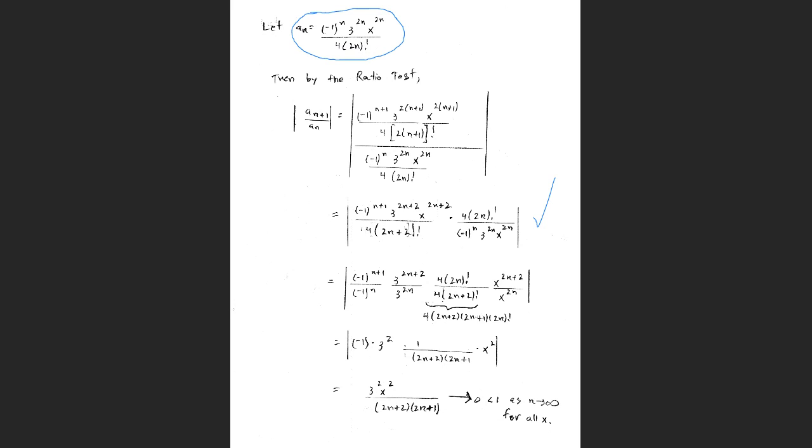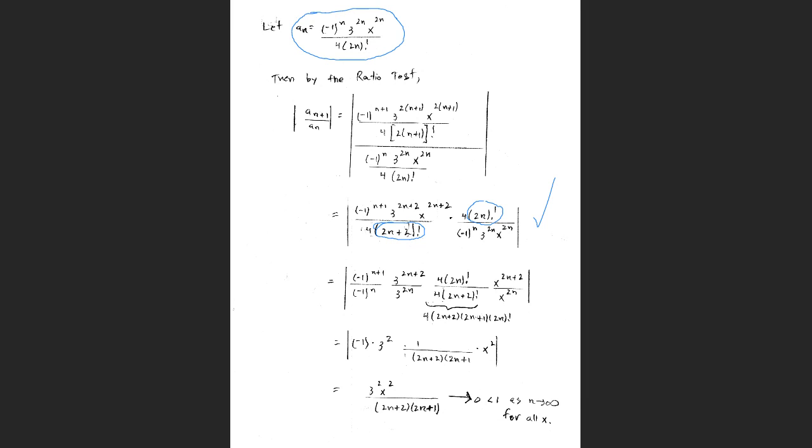Okay, so now what I do, as I've shown you, is group like terms together. But where students sometimes have difficulty is with the factorials. You have the quantity 2n plus 2 factorial in the denominator, and then you have the quantity 2n factorial. How do you reduce that?